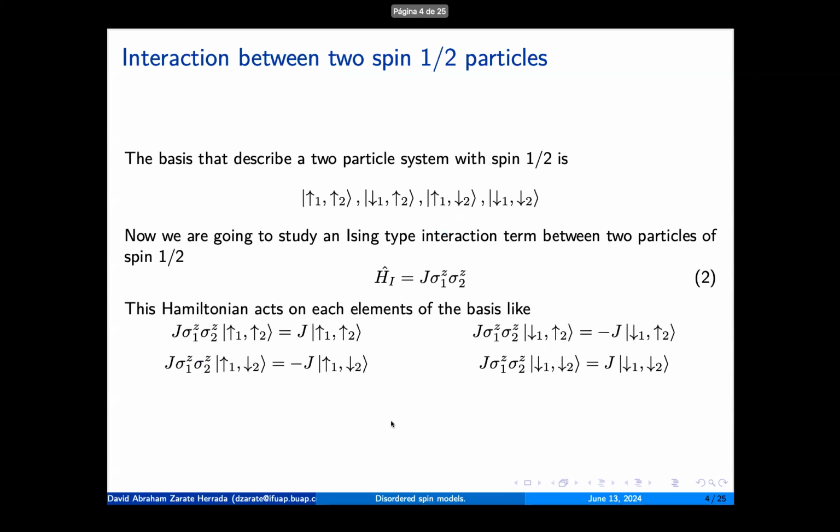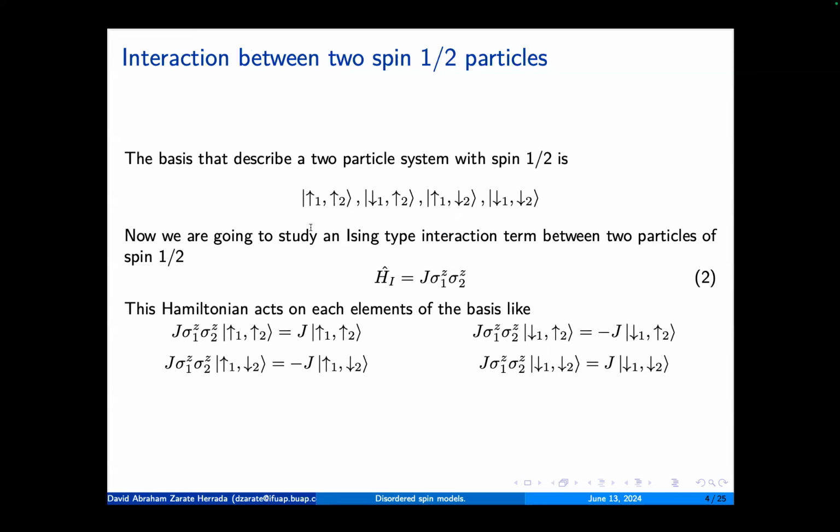Okay, now we are going to consider a system with two coupled spin-1/2 particles, where all the possible states for this system are these.